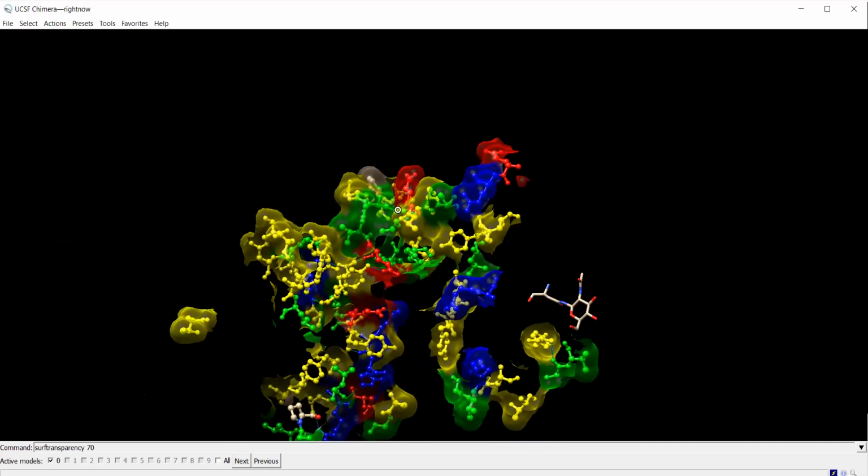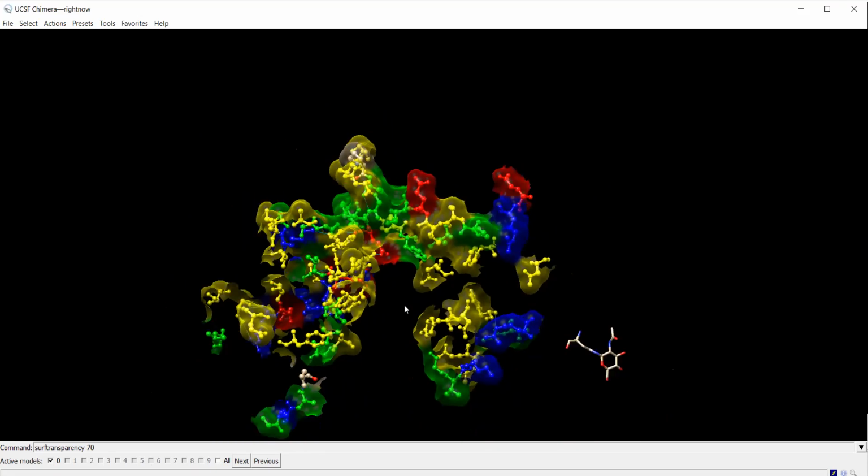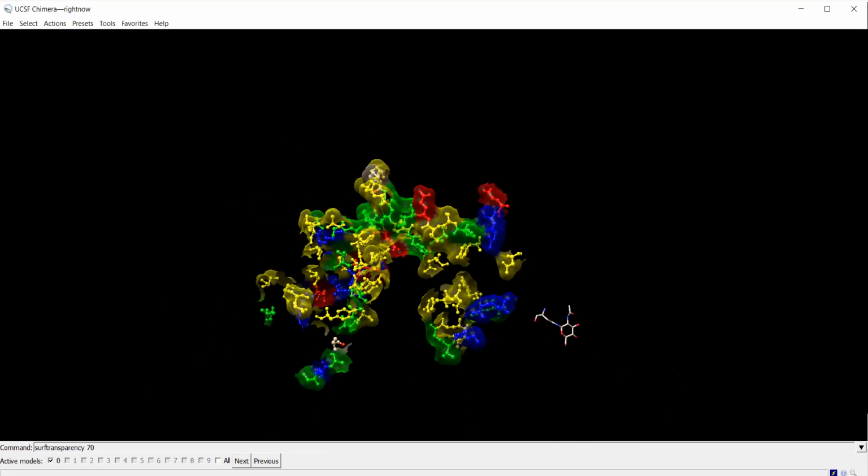So if we place this structure like this, remember this is where we had our gap between our antibody part and our antigen part. And as you could see right here in the middle, all this is green, which means it's hydrophobic, and it's mostly surrounded by yellow, which is non-polar.